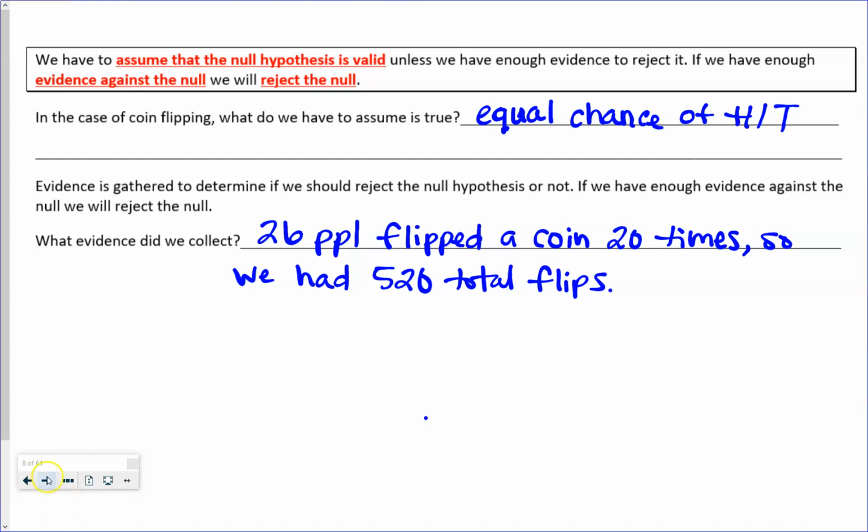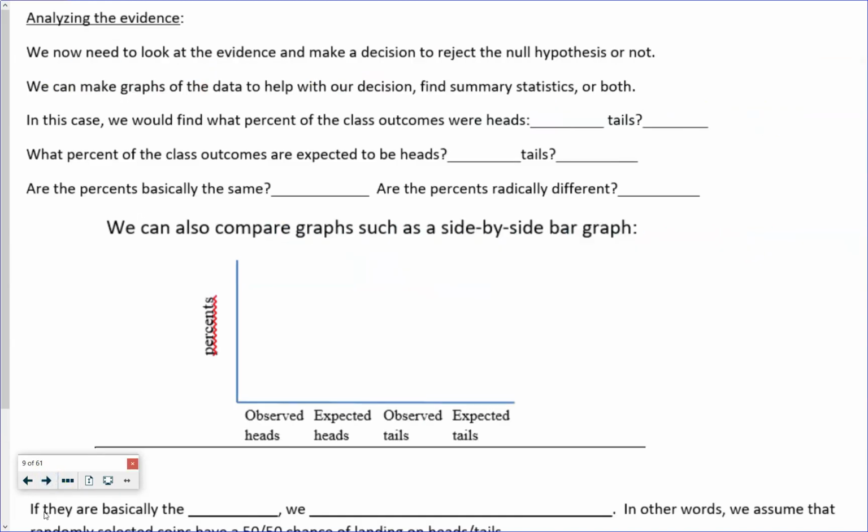All right, so now let's analyze our evidence. Before we can make a decision, let's make graphs to help us. In this case, we're going to find what percent of outcomes were heads and tails. So out of my 520 flips, for my heads, out of the 520, we had, what, 425?